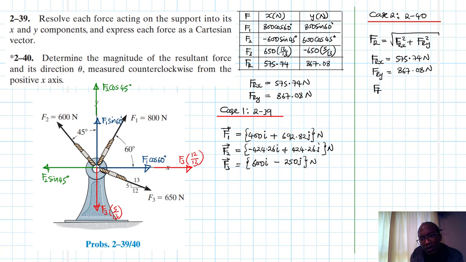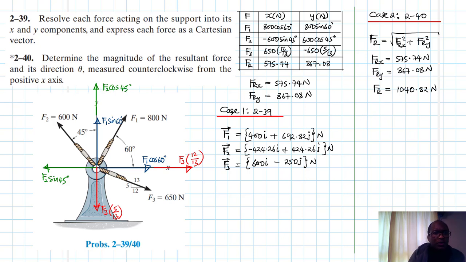Plugging in those values, we have 575.74 squared plus 867.08 squared, then the square root of that gives us 1040.82 newtons.